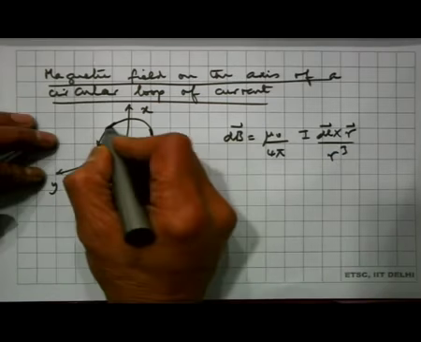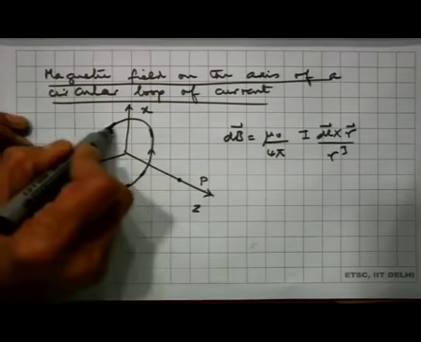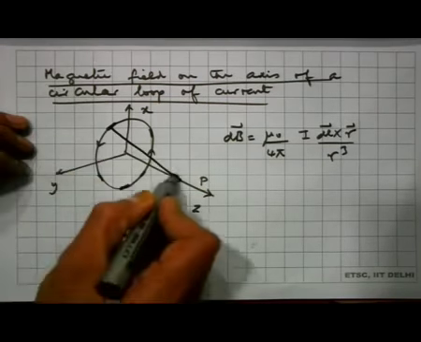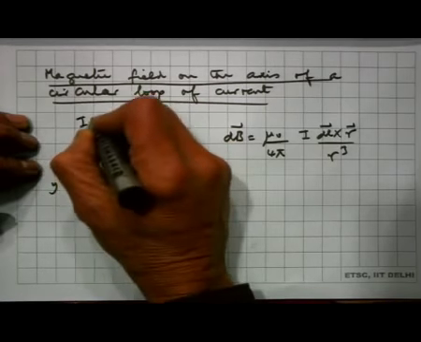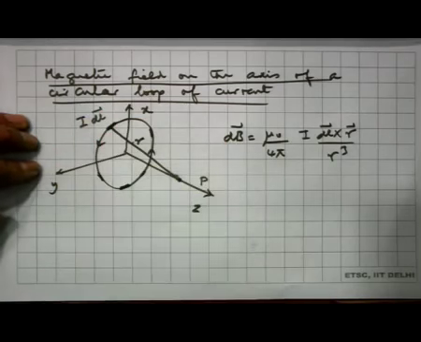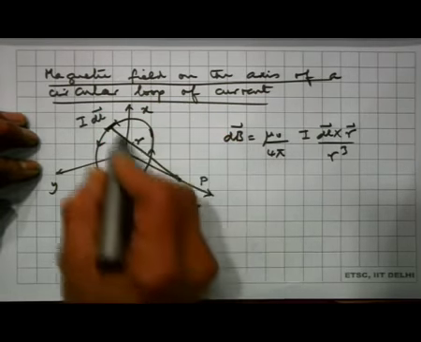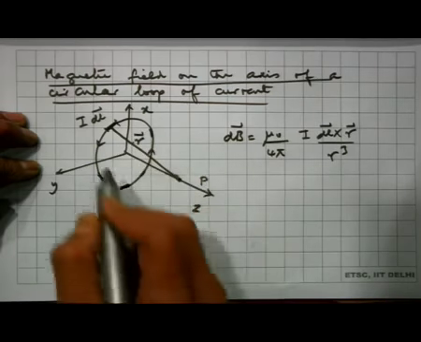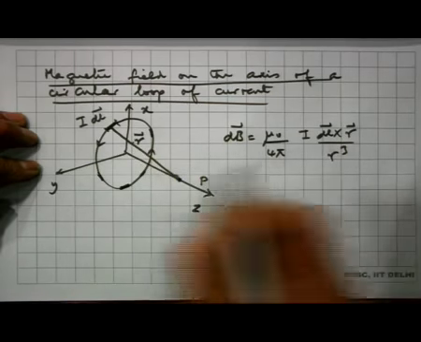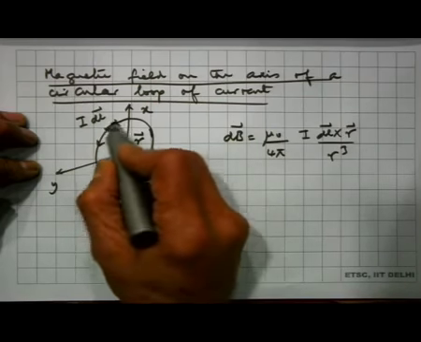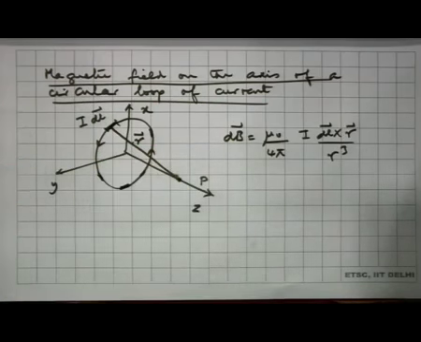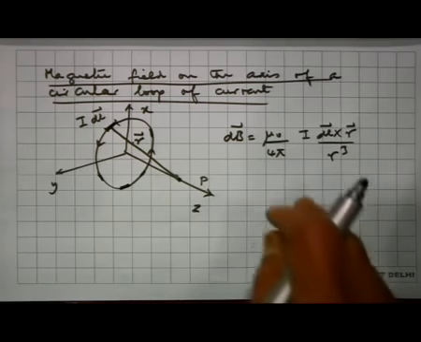So to calculate the field due to this current element, I draw a line like this. This distance is r, and this is I dl. This is the r vector. Remember, the magnetic field at this point, because of this current element, is perpendicular to both the dl and this r vector, and it is given by this equation.